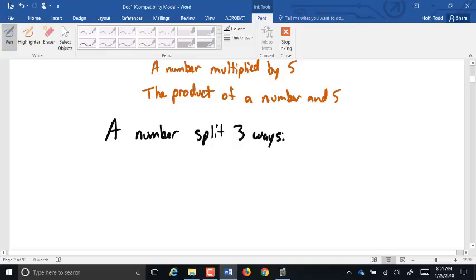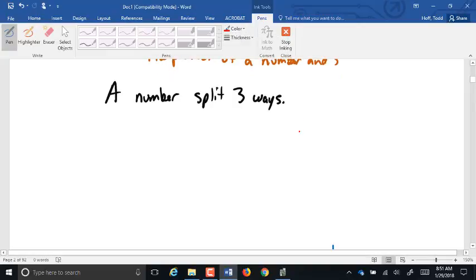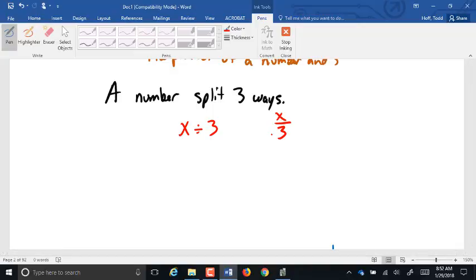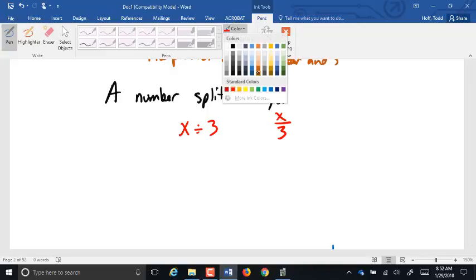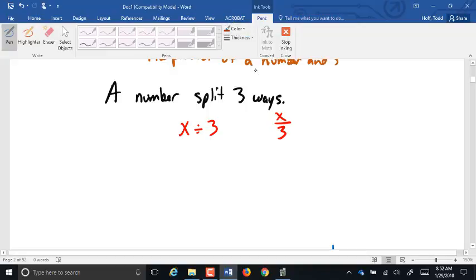If I have a number split 3 ways, what algebraic symbols does that imply? Division, good. X divided by 3, or we often write it as x over 3 in that fraction form. That also implies division. What are some other phrases that might indicate x over 3 or x divided by 3?